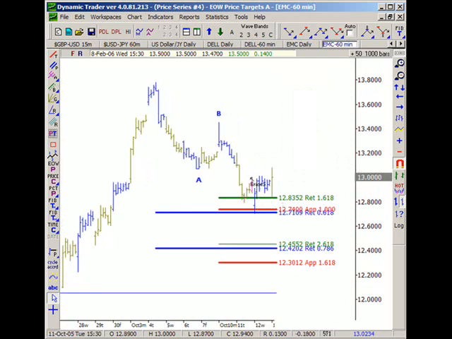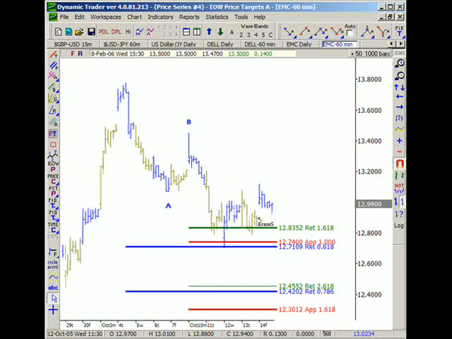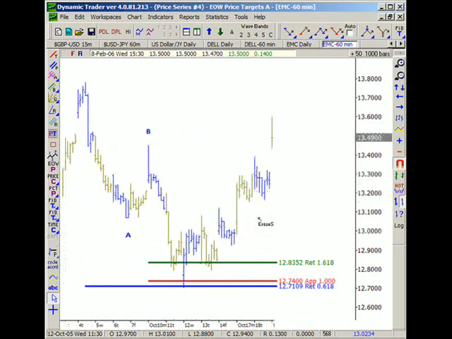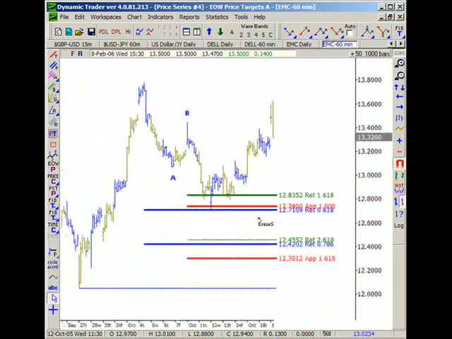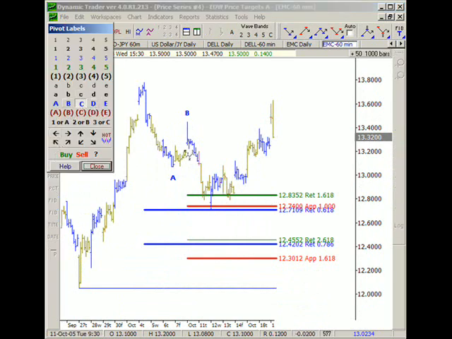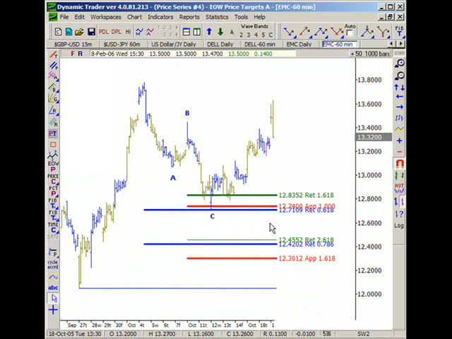Now we've taken out this little swing high, so there's a high probability that this low is complete. Add some more data and we can see the market has come up quite strongly. So we were able to identify the high probability end of wave C zone in advance, and that's exactly where the ABC correction made its low.